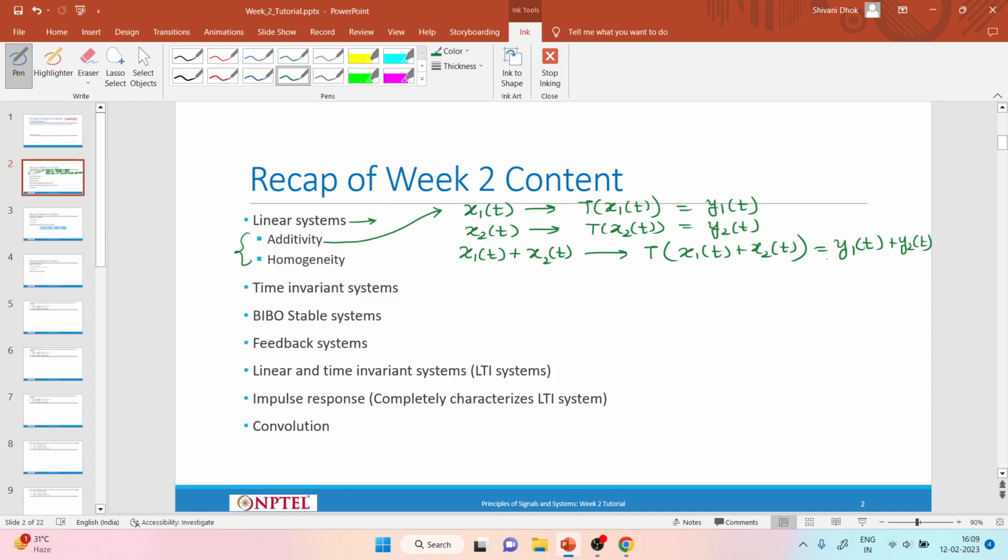If this property is satisfied, then the system is known as additive.